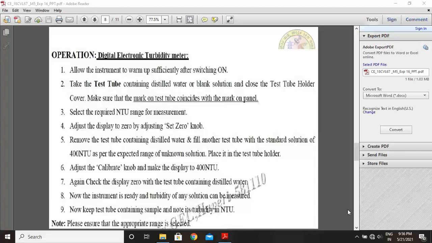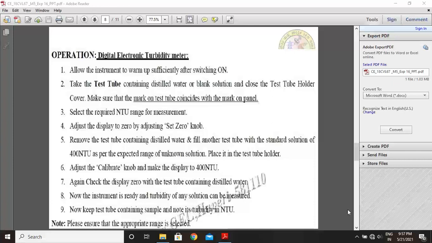Make sure that the mark on the test tube coincides with the mark on the panel. Then select the required NTU range for measurements. After selecting the range, adjust the display to zero by adjusting the set zero knob.